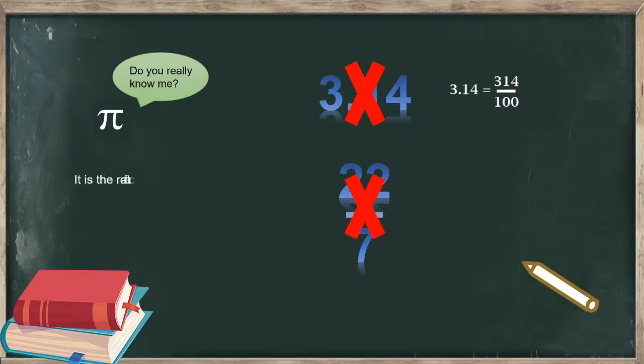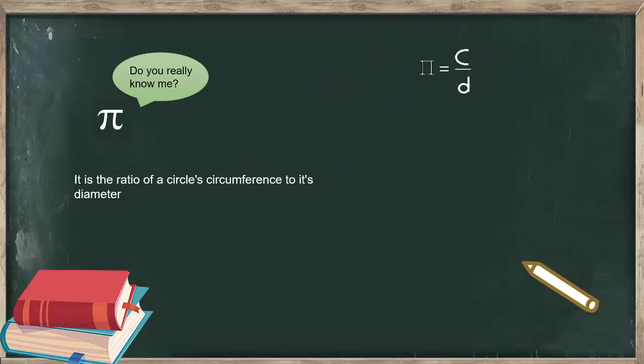Pi is the ratio of a circle's circumference to its diameter. That means pi is basically a fraction with the numerator as the circle's circumference and the denominator as the circle's diameter. That is, pi is equal to circumference by diameter.